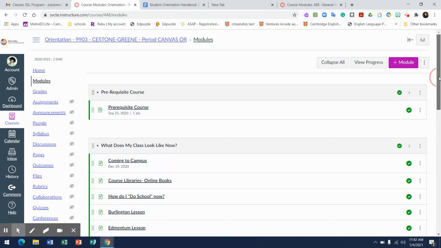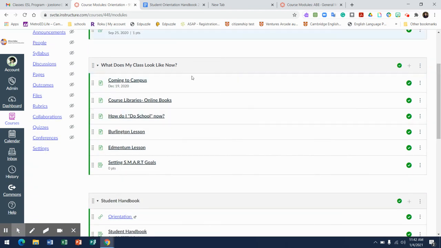So there have been some changes here coming to campus, what the course libraries look like. How do they do school now? If you would like to copy this module, I can copy it and they can have it again once they get to your class. So there's the student handbook.